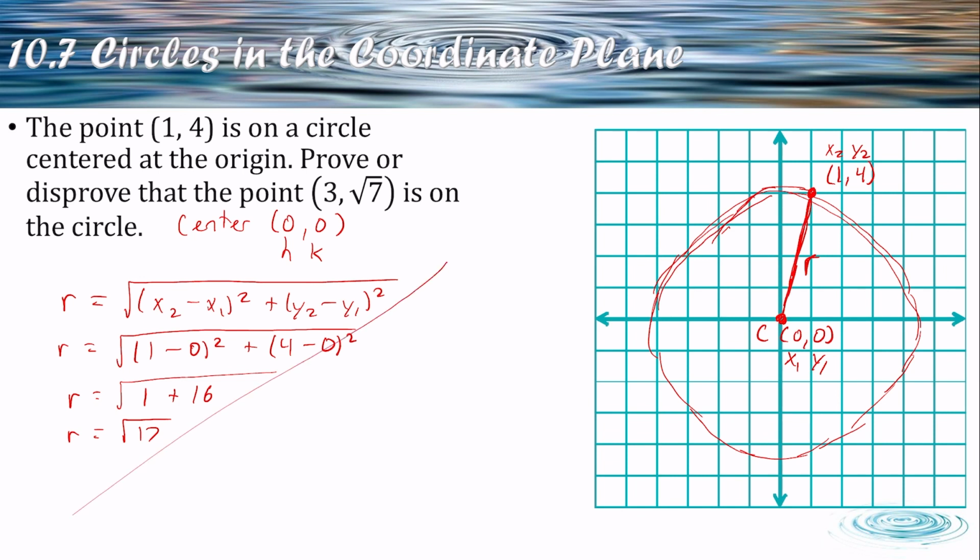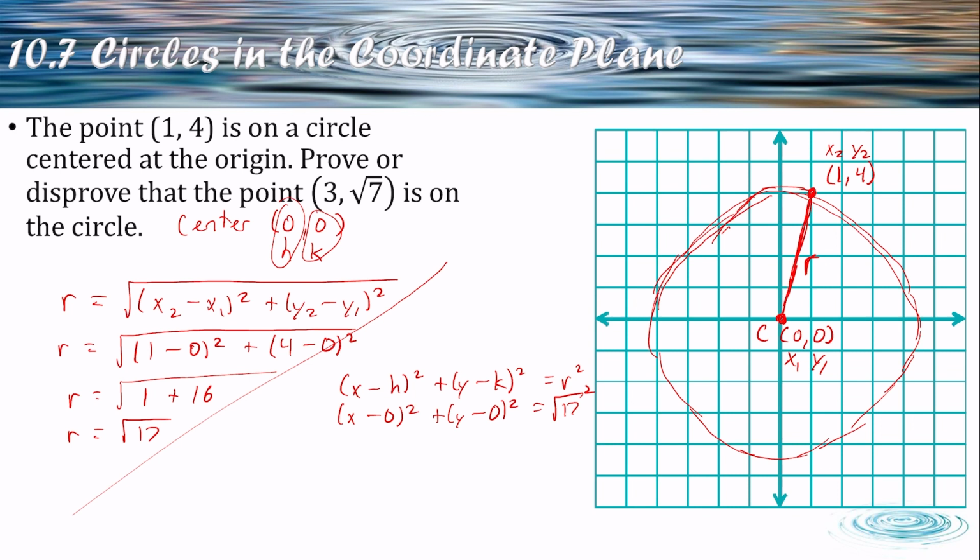So the equation of the circle is (x - h)² + (y - k)² = r². h was 0. k was 0, because that was the center. The radius is the square root of 17.